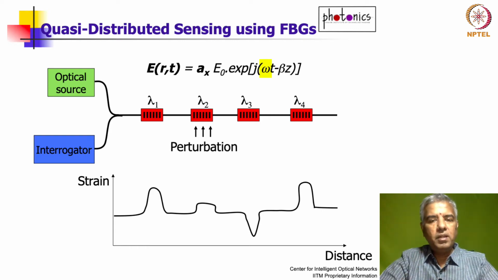Before I explain the specific principle of distributed fiber sensors, let's see what we can do for some of these applications that we talked about using known technology. We did talk about fiber Bragg gratings, and so why can't we use fiber Bragg gratings for such applications? Sure enough, we talked about it.